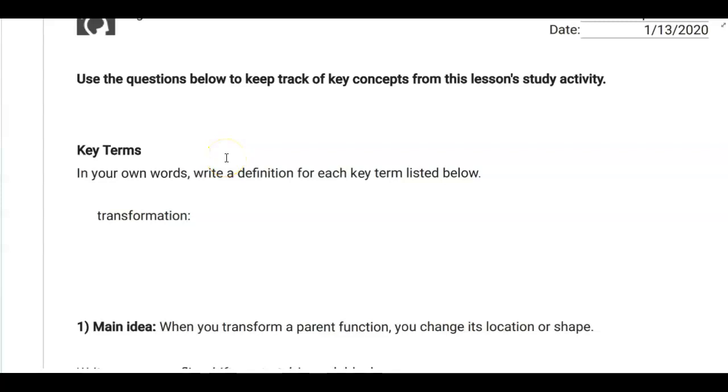Section 4.5 just reinforces everything you've been doing this whole chapter, but it starts introducing you to all the different functions you'll be looking at. So first, what is a transformation again? It's a change to a figure or function.